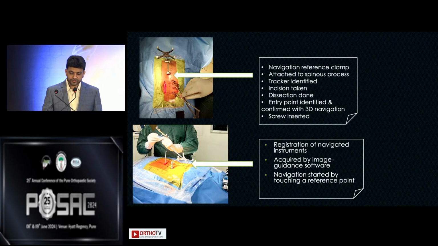This image shows the navigation reference clamp we have applied at the cranial end to the spinous process. Then the tracker is identified, the incision is taken and the dissection done to reach the entry point of the pedicle screw, and it is confirmed.